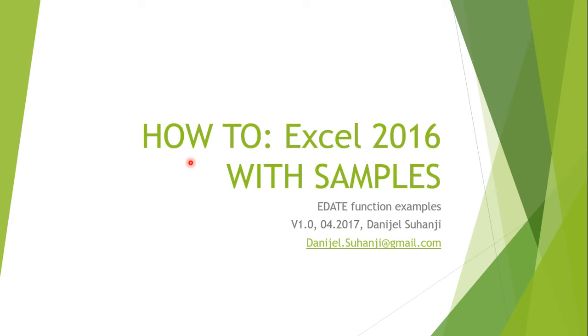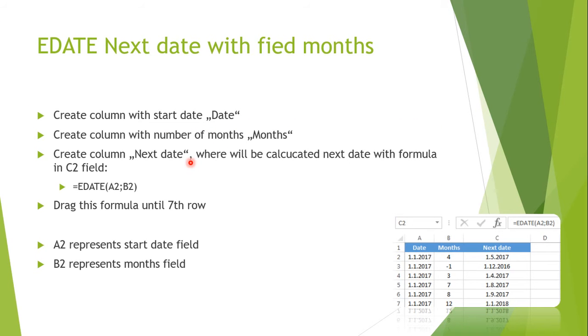Here we will see a sample of this function. We will create a column for the start date called date. We will create a column months with the number of months after or before the start date, and we will create a next date column, which will be the result column.